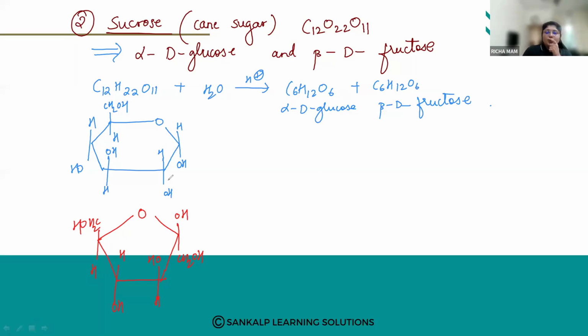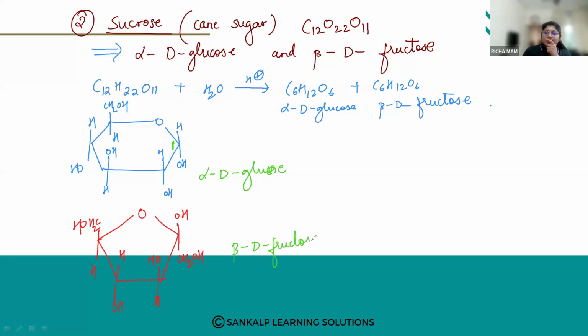Now how is the link present? When sucrose is formed, the bond is present between the C1 of alpha D glucose and the C2 of beta D fructose.